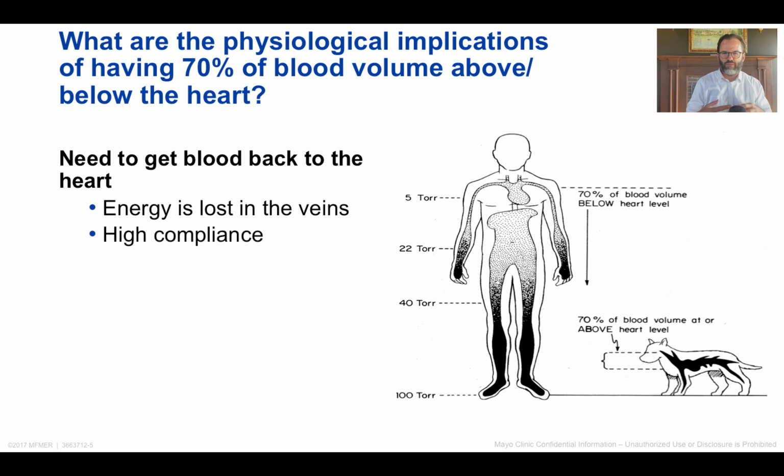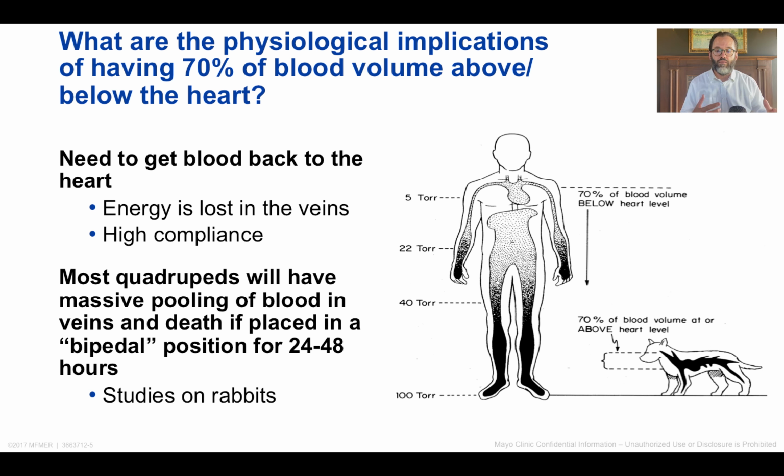Similarly, we don't have the same type of pulsatility that we have on the aortic side to enable the conversion of that potential and stored energy into anterograde blood flow in the veins like we do in the arterial system. Since they are very high compliance, they are fantastic reservoirs and capacitance vessels, but maybe not necessarily the best to get a tremendous amount of blood volume back to the central circulation, particularly against gravity.